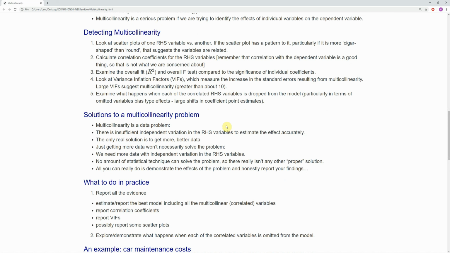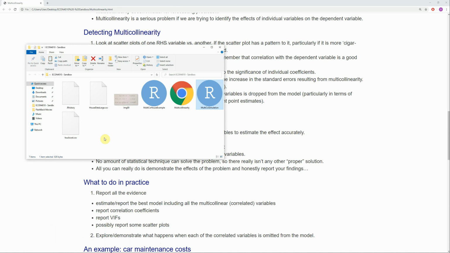Let's look at another example. So we have a data set here, house data large. Unlike the previous data set that only had 14 observations for the house sales data, this one has a larger number of observations.